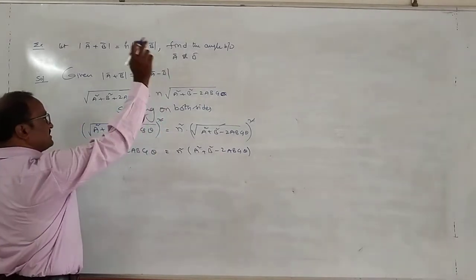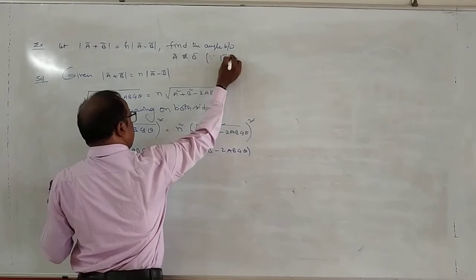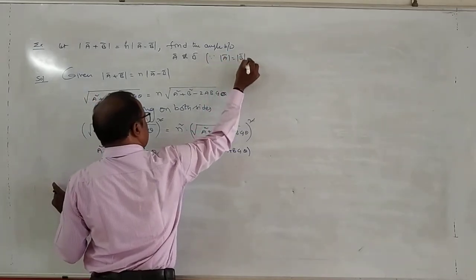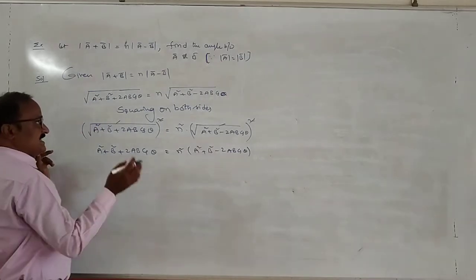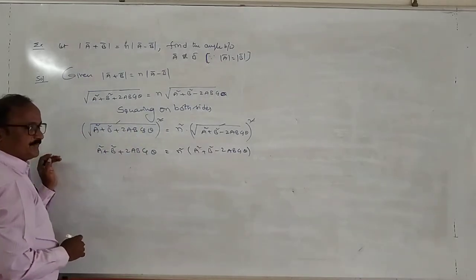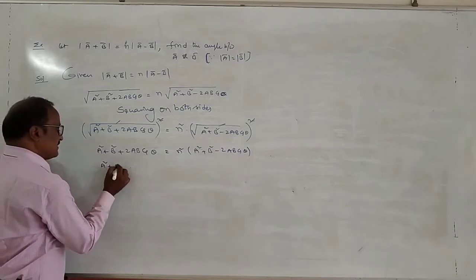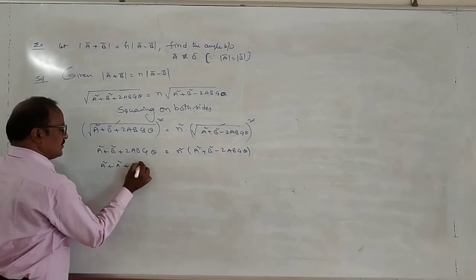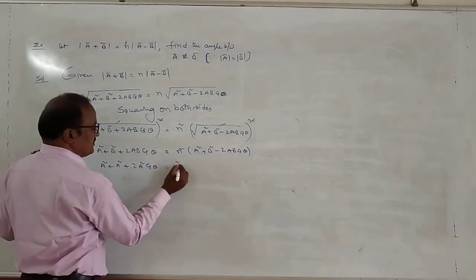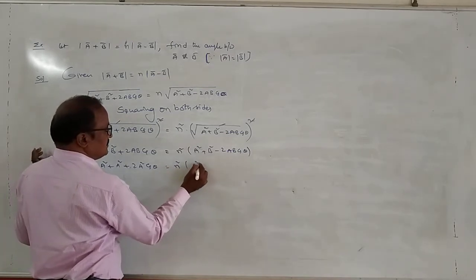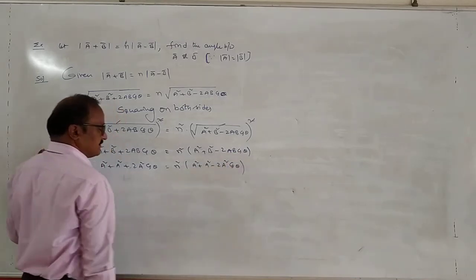Also, in this example, modulus of a bar is equal to modulus of b bar, and the magnitudes of both the vectors are the same. That means a is equal to b. So b is also replaced with a. a square plus a square plus 2a square cos theta is equal to n square into a square plus a square minus 2a square cos theta.